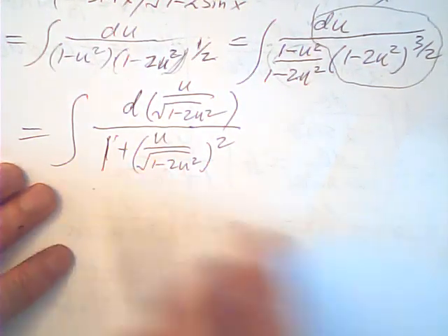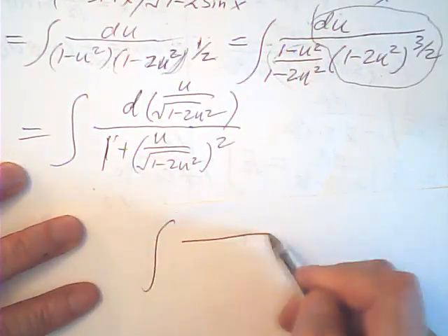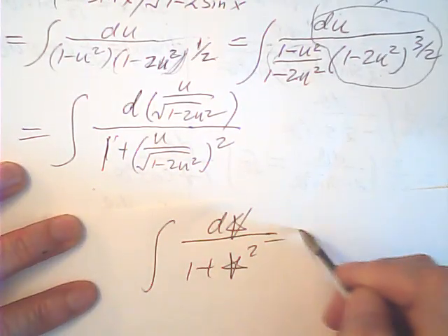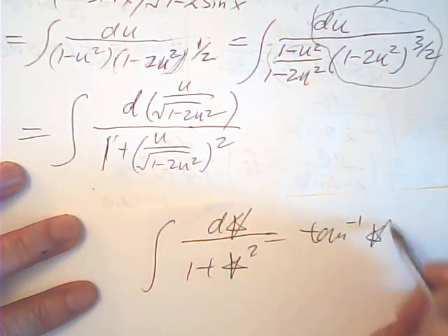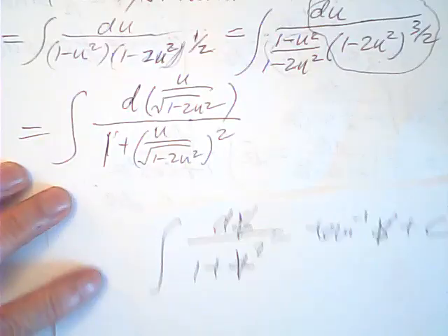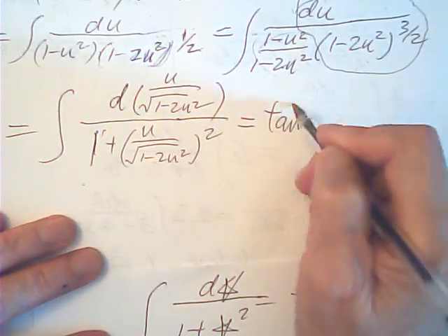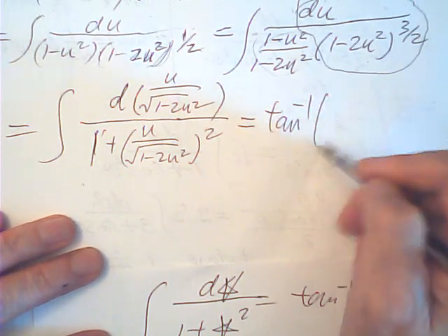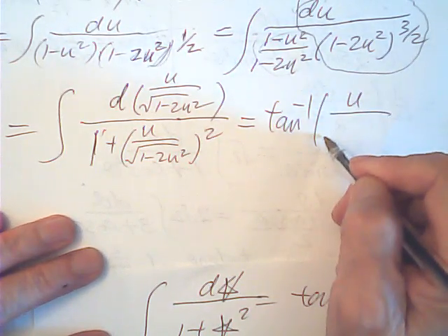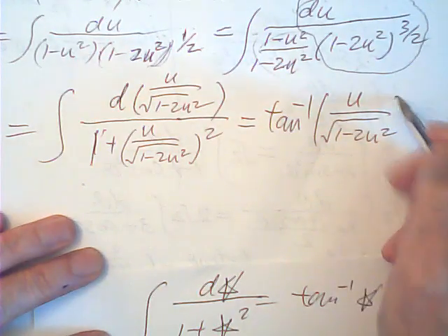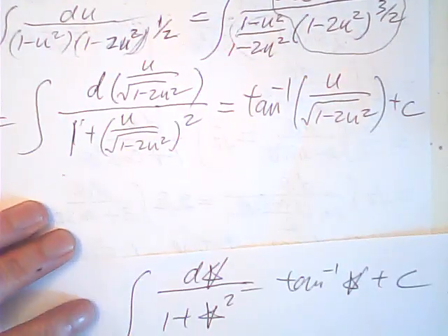That is easier because we have a formula, right? D something over 1 plus something square is equal to arctangent something, right? That's the basic formula. So this is equal to arctangent of u over square root 1 minus 2u square plus c.